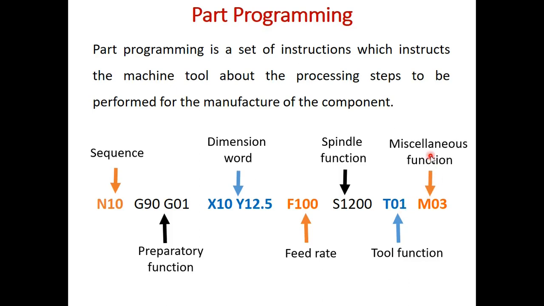Next, M03 is a miscellaneous function. So M is for miscellaneous function, G is for preparatory function. In general, whatever the G command is, some action will be taken. M codes will be like coolant on, coolant off, end of the program, all these.